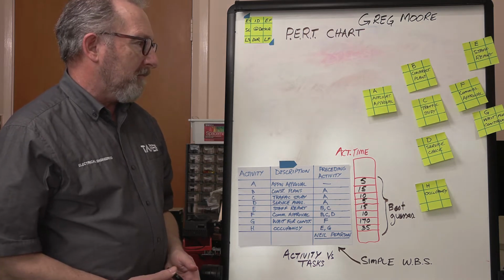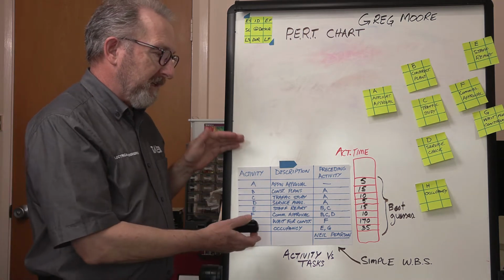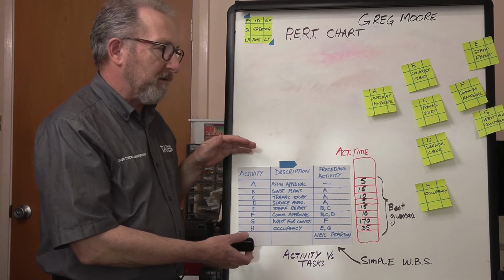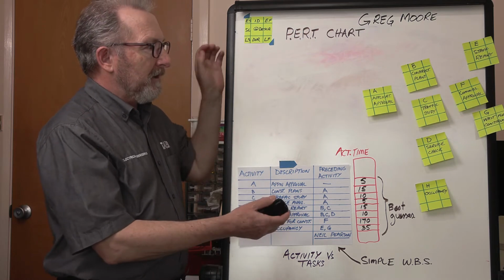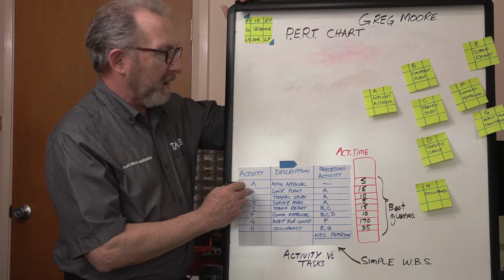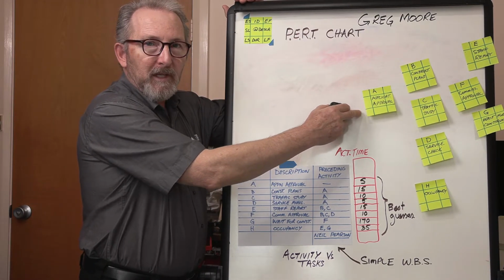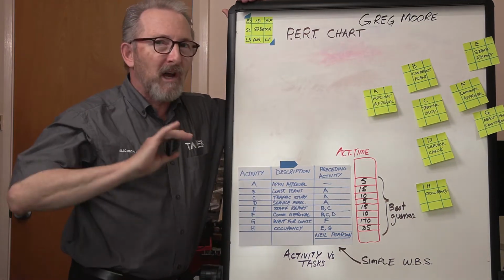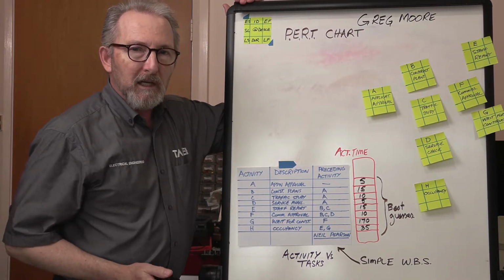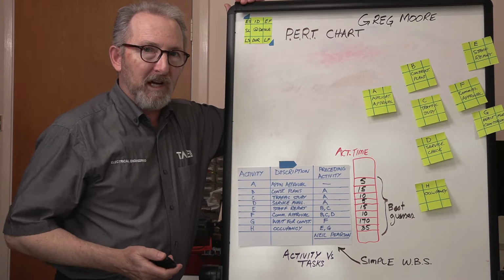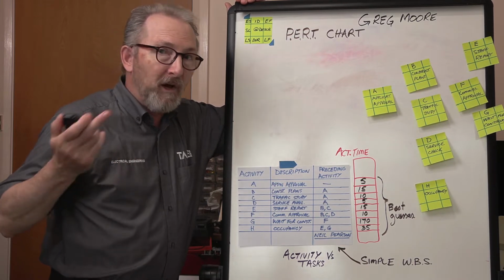To save time, I've already done this work breakdown structure and taped it on the board, and I've gone ahead and put each one of these activities onto a bit of sticky note. This sticky note idea is so commonly used in doing PERT charts and other types of flow charts.